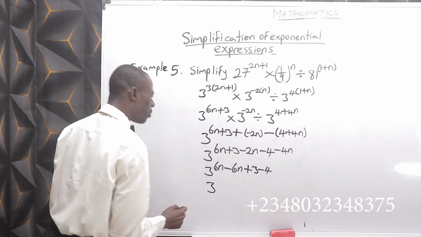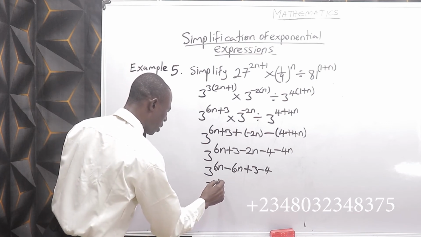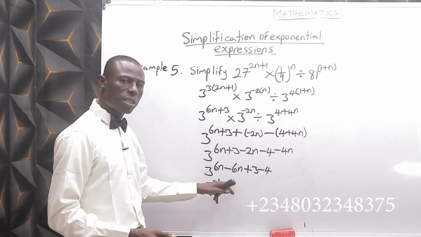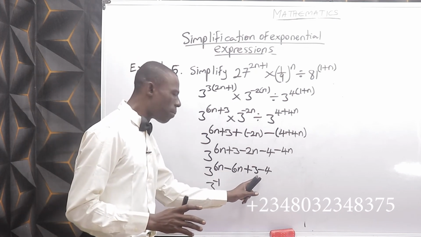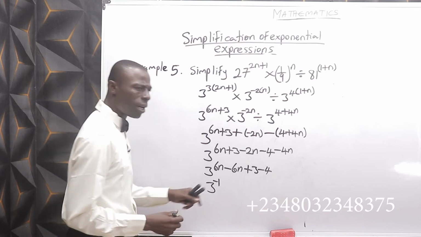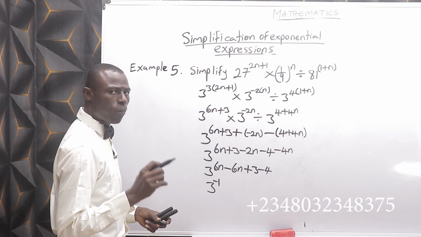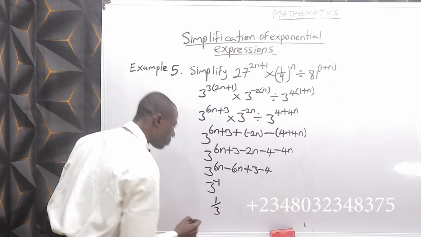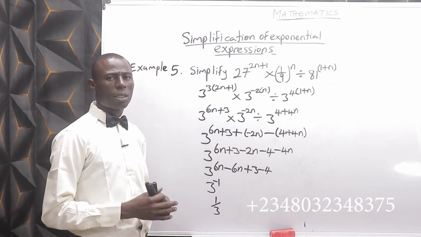So we have 3 raised to power negative 1. How? 6n minus 6n gives 0. 3 minus 4 gives negative 1 as the power. Now, writing it as a number of positive index, you have 1 over 3. That is the end of that.